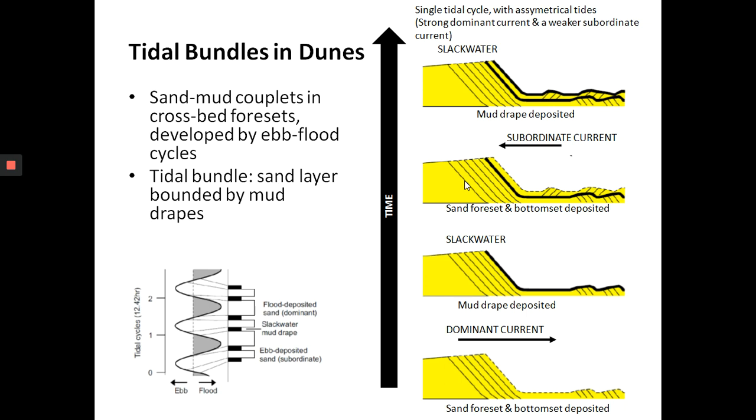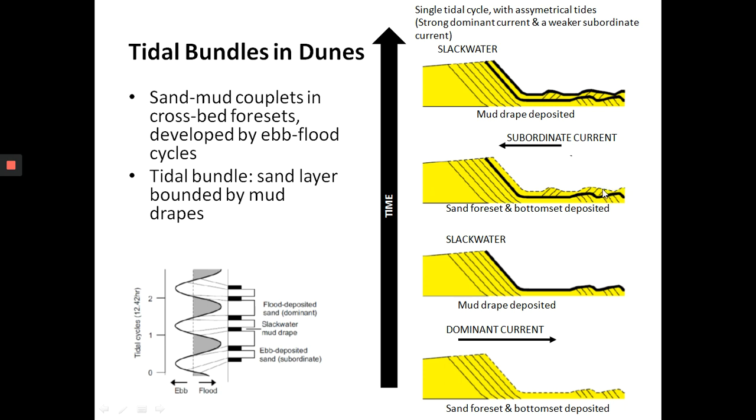So let's see how tidal bundles are formed. You have a dune. During the strong dominant current, you get a sandy foreset and bottomset being deposited. You even get ripple cross-lamination developing on the bottomset. After some time, you reach the slack water period, and you get a mud drape on top of your sand layer. And after the slack water period, you get the subordinate current moving in the opposite direction.